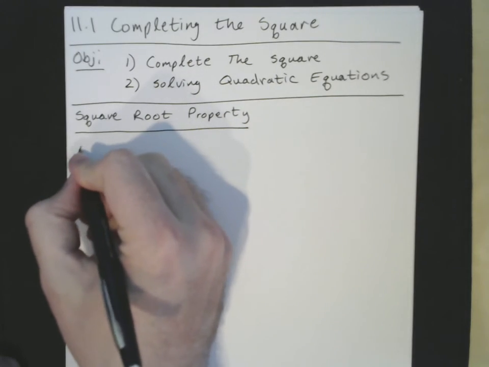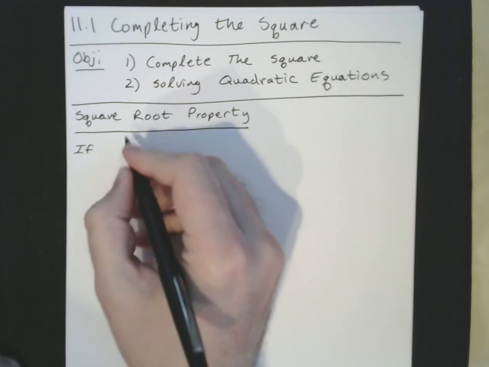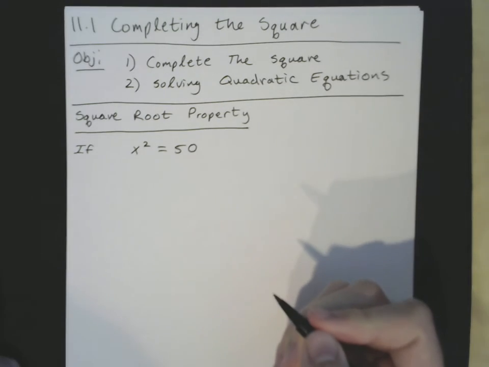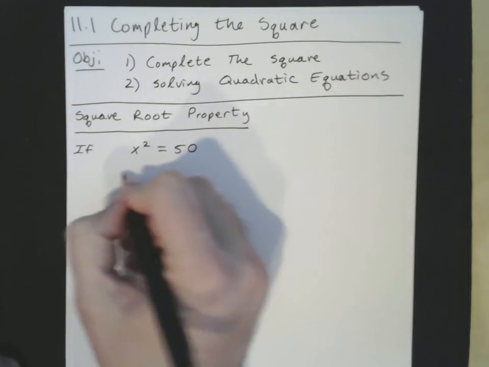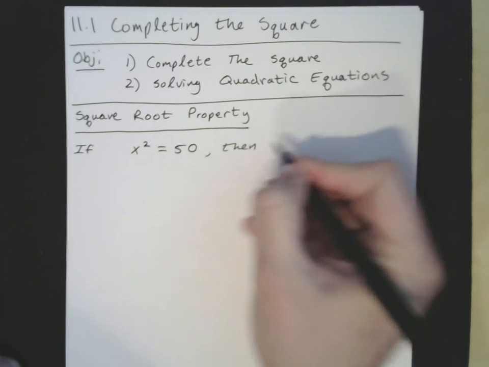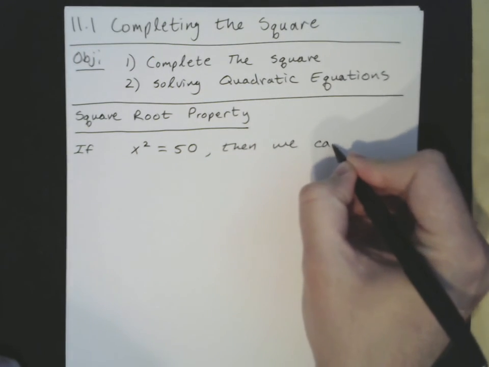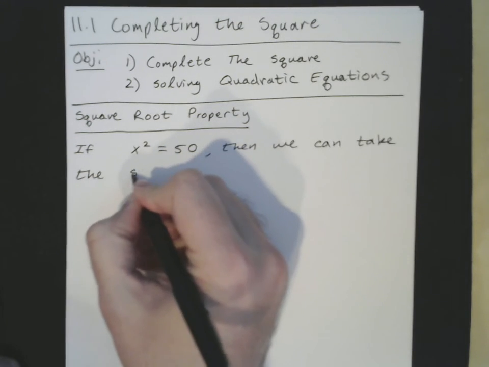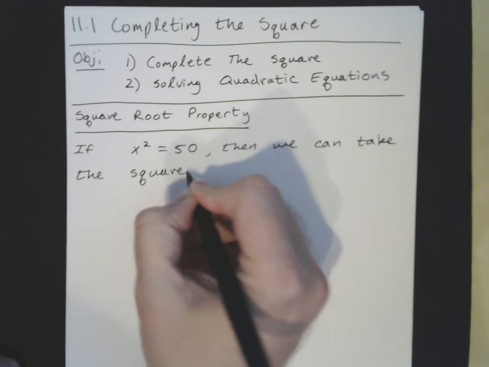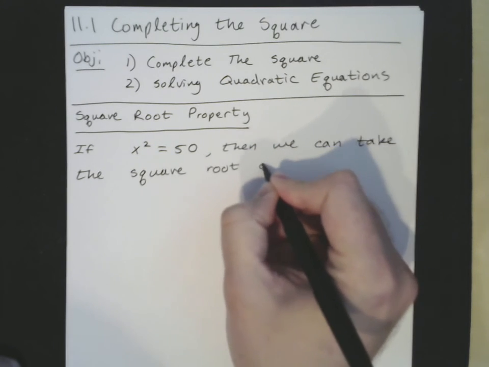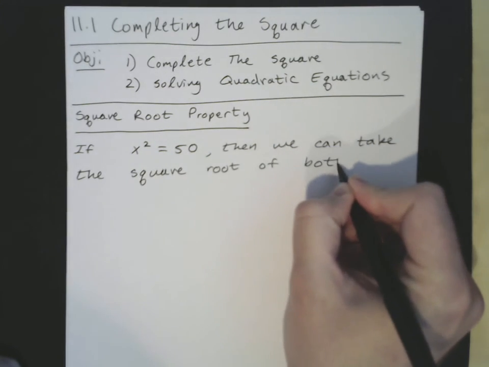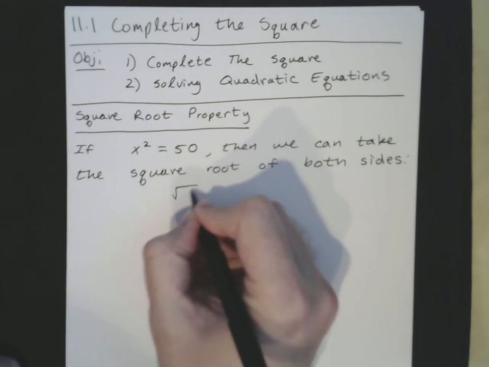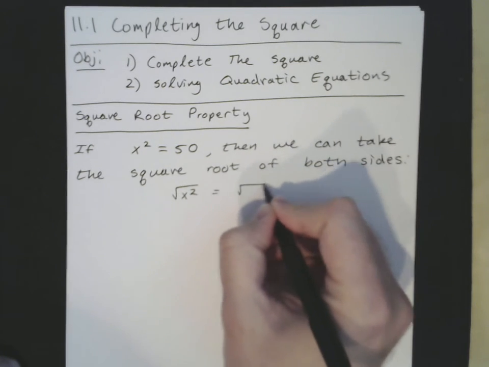But we know if x squared equals 50, for example, we can take the square root of both sides. So we have the square root of x squared equals the square root of 50.